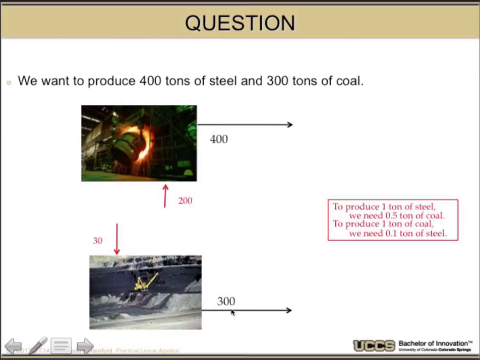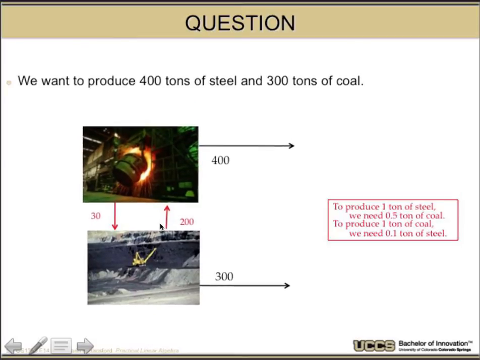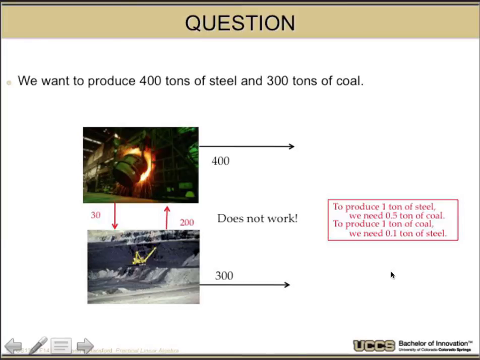So really, I have to make 300 plus 200 tons of coal, because I'm going to use 200 to make the steel. But to do that, I'm also going to have to make more steel than 400, and I get this sort of looping structure. As those interact, we have to remember this is now a coupled system. So they're related. You can't just look at that and say what the solution is going to be.